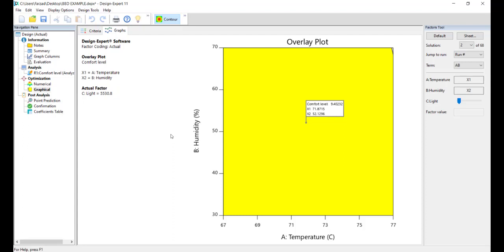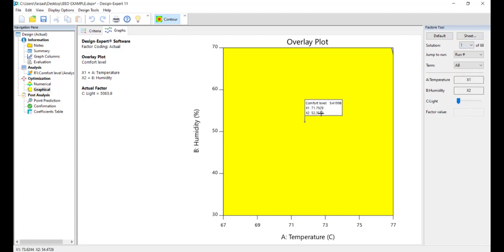Maybe it will be more complicated, and as you can see in the optimization process, your experience and your knowledge about the factors and responses are also effective. So for the optimization process, we do not have only one specific response. It depends on your experience and which solution you selected.